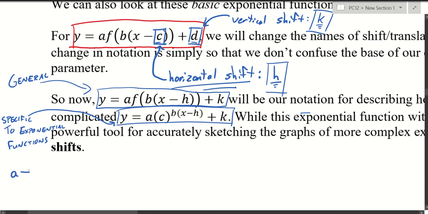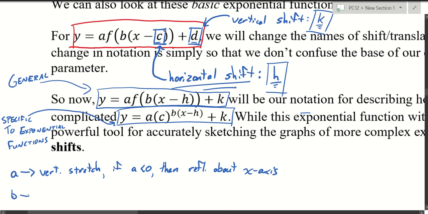Parameter a, we already ran over the vertical and horizontal shifts, so parameter a is a vertical stretch. And remember that if a is negative, then we have a reflection about the x-axis. So the x-axis is what is acting like a mirror there, and the y values of your graph all change their sign. b is a horizontal stretch.